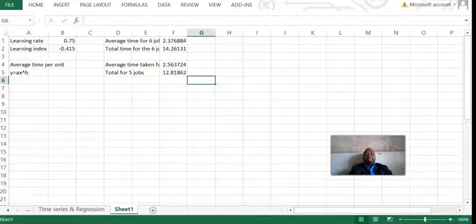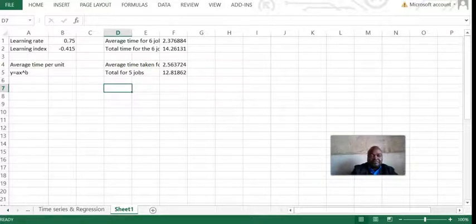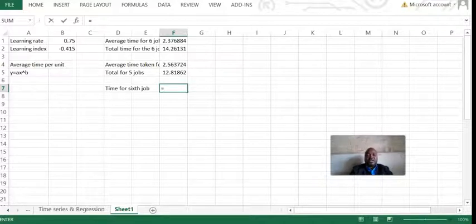So we come here and say, because we want the difference, time for the sixth job, or job number 6, is going to be equal sign, this time minus this time, and we get 1.442687.